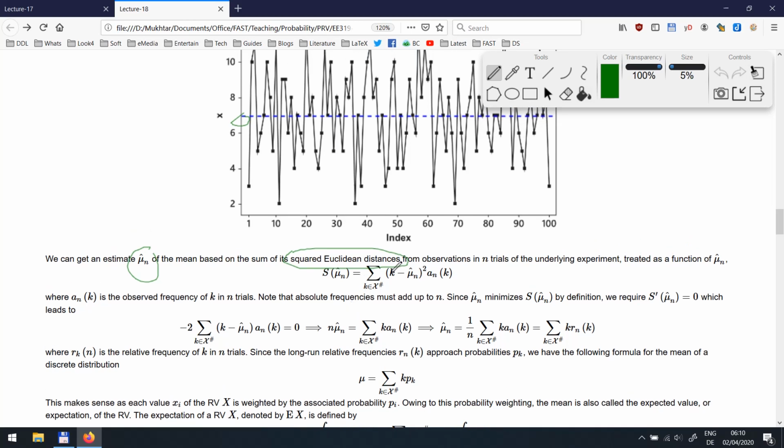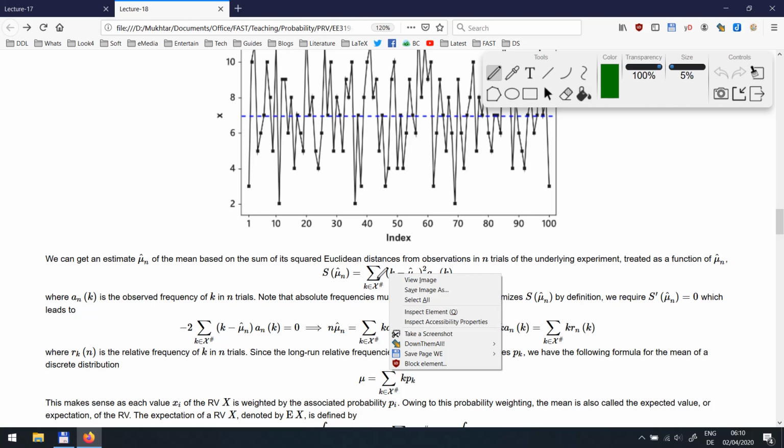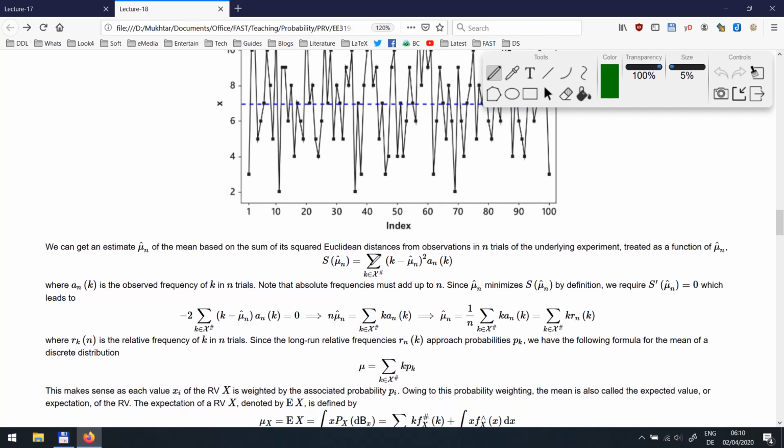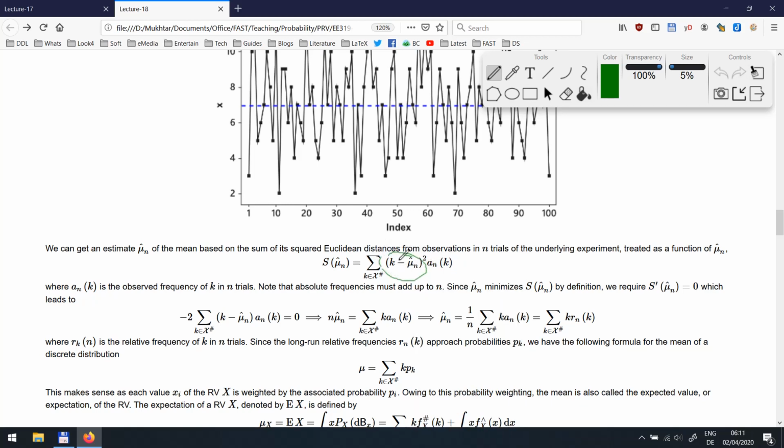what can I do then? I just take all the values which the variable can take, and I take the deviation of any one of these values from the so-called candidate for typical value, because I claim that this is the typical value and the best fit.